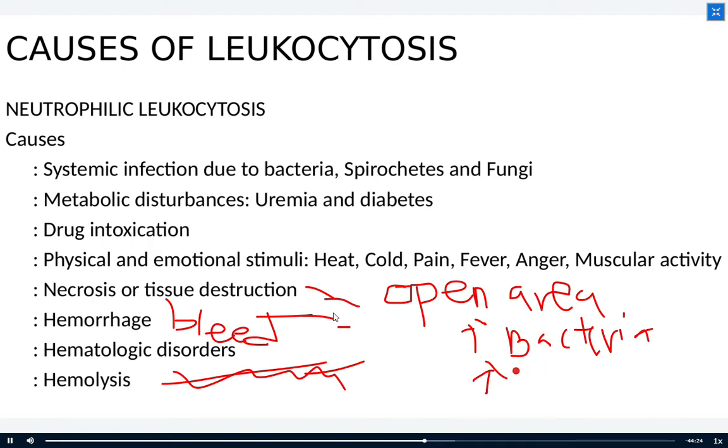And since your neutrophil is the one that is most predominant, they would also be produced in plentiful amount, leading to your neutrophilic leukocytosis. And another one would be your hematological disorders. So certain hematological disorders would cause increased neutrophil. One of those would be your leukemia, wherein there is an increased production of your WBC, leading to increased neutrophils.